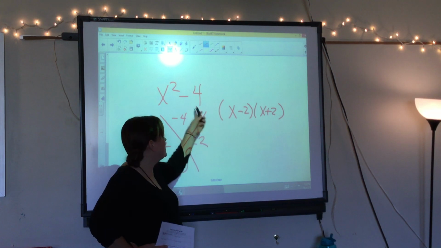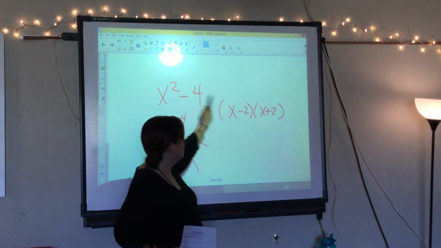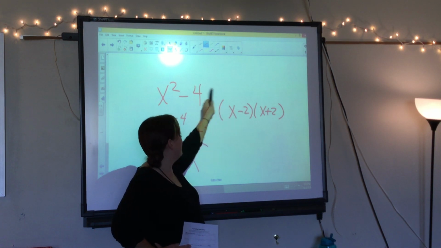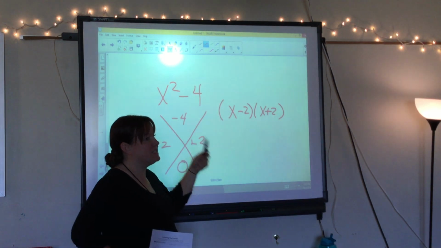So the difference of squares, what's that? We take the square of this right here, and see how 2 squared is 4. This is the pattern every time. Every single time.